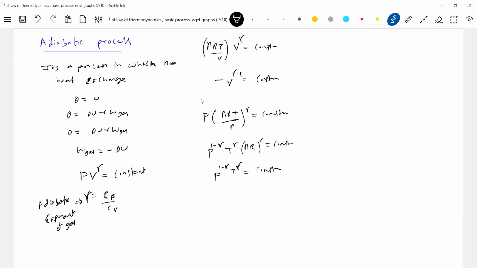Okay, let's go for the work done. I'll use this particular delta U formula. Work done by the gas equals minus delta U. So what shall I write? Delta U is nR by gamma minus 1 times delta T, that is nR by gamma minus 1 times (TF minus TI).